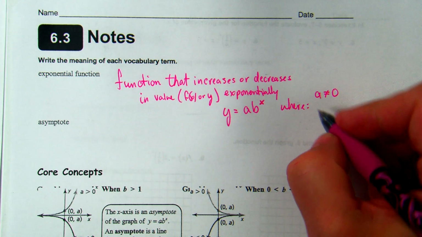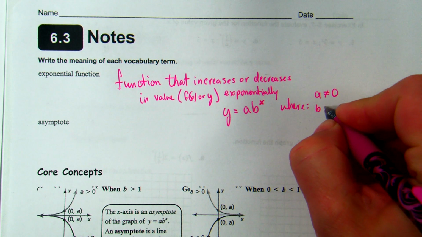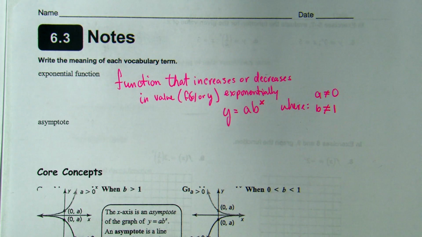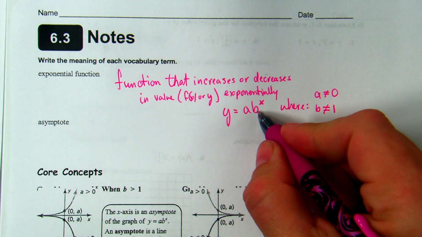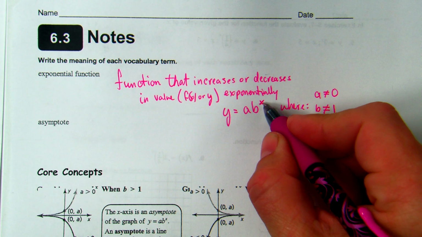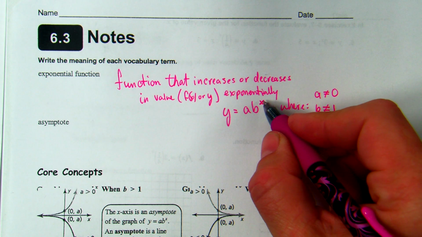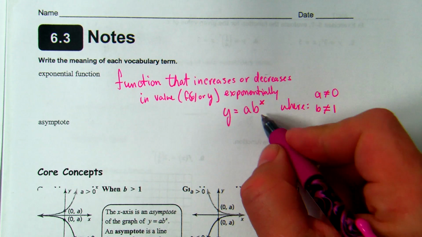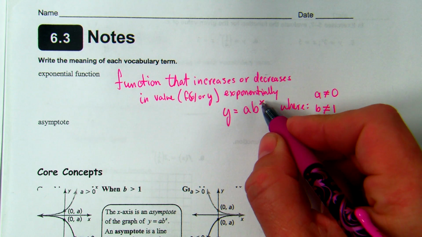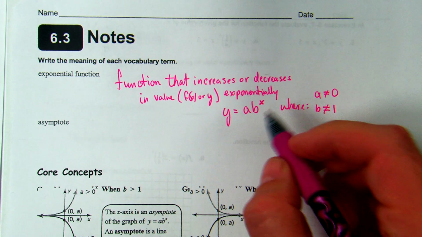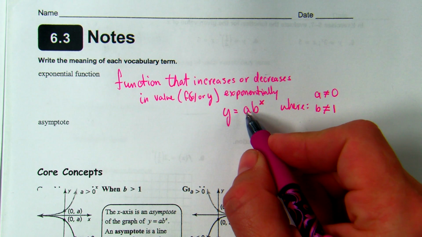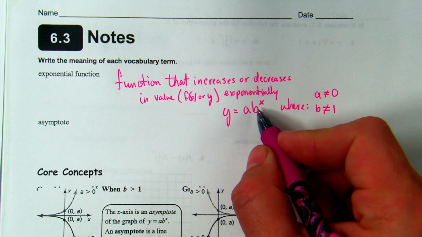Another criteria is that b cannot be a 1. If b equals 1, and we raise b to any power, to the second power, to the fourth power, to the 56th power, it doesn't really matter, b to whatever power will always be 1, because 1 raised to any power is 1. And then a, whatever constant out front, multiplied times 1 will still just be a constant.